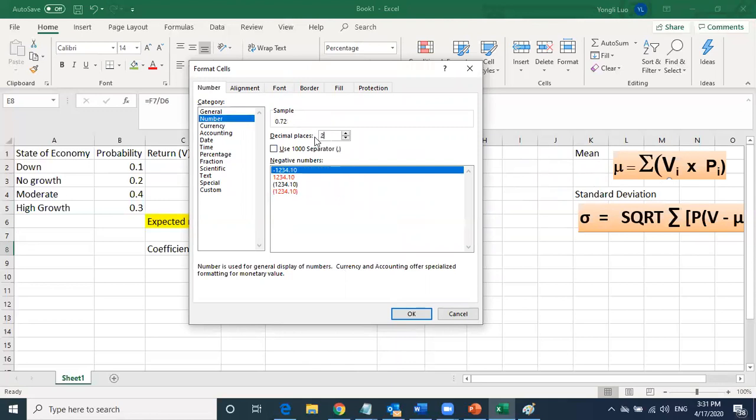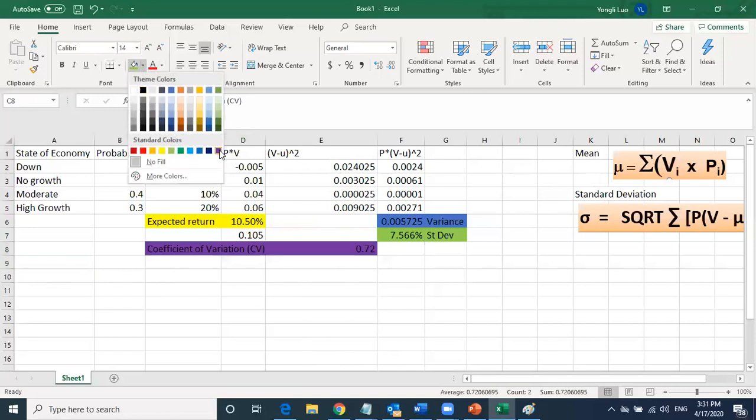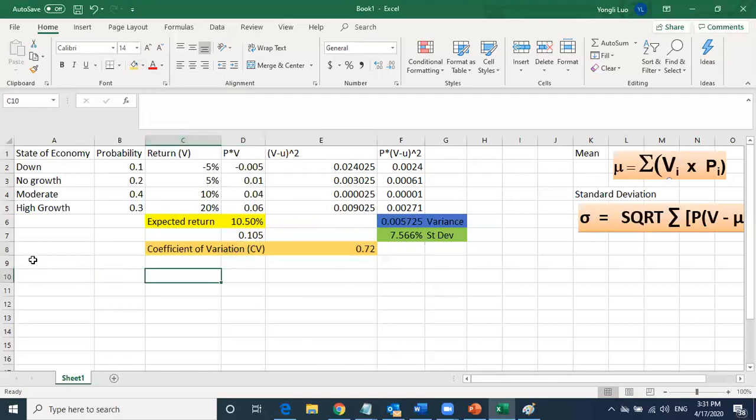You don't have to skip to decimals. Okay, that is the coefficient of variation. So when you have an individual stock, the decision is that you choose the stock with lower coefficient of variation. Okay, that's our conclusion: lower coefficient of variation.